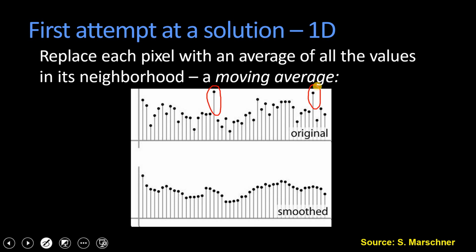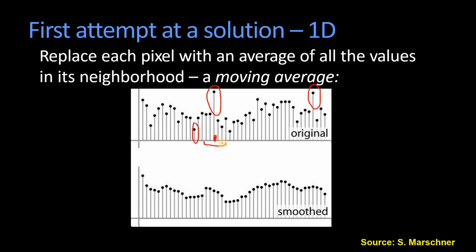In any case, these are different values compared to the others. So when we take an average, what does average mean? If this is my noisy value in the signal, I will take an average over the surroundings.